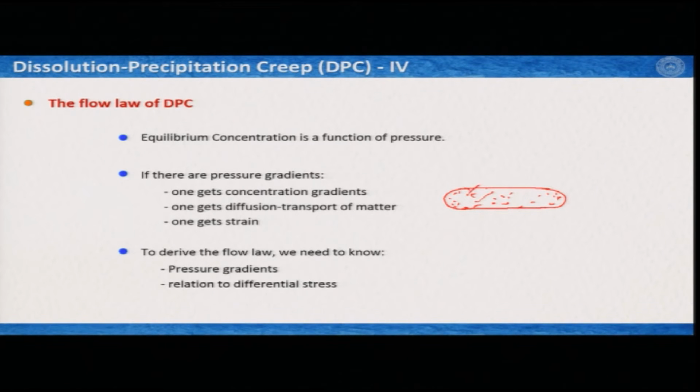Clearly my initial shape was something like that. So I certainly have achieved some strain in the crystal. This is how it happens, and to derive the flow law, you need to know the pressure gradient and its relation to the differential stress.